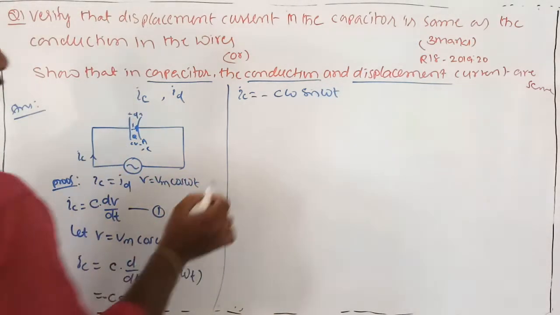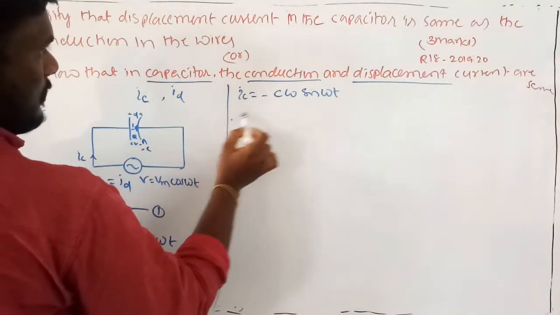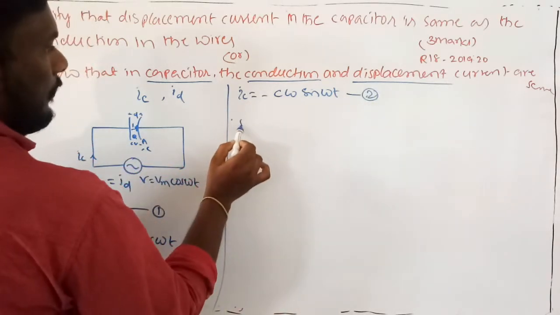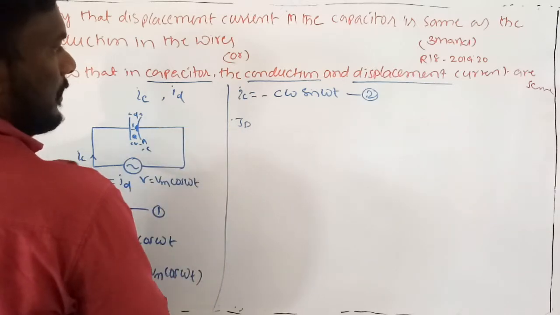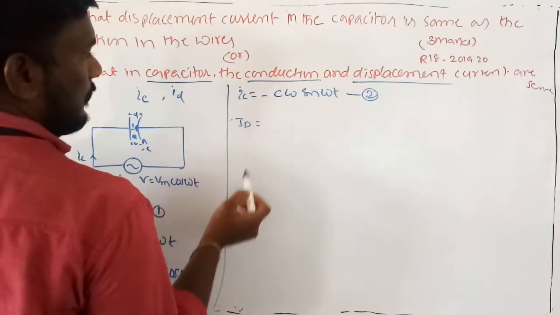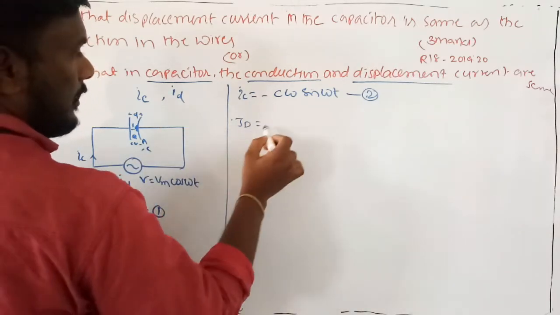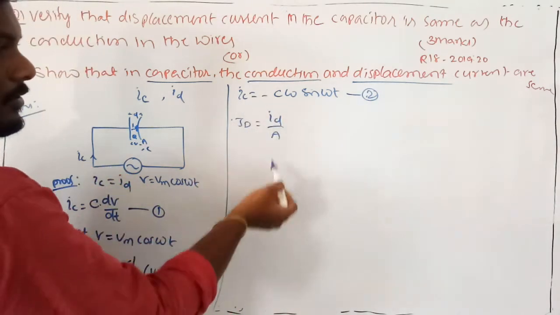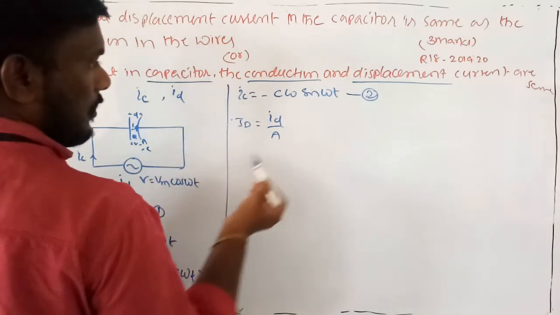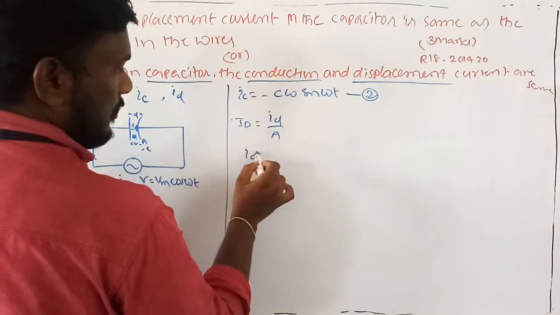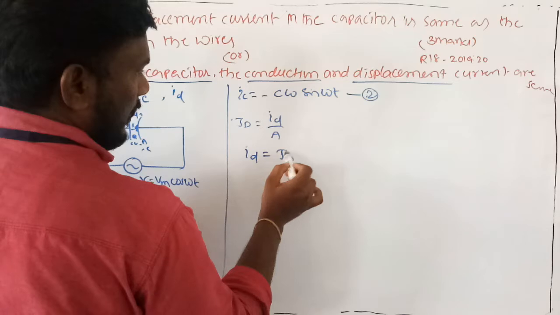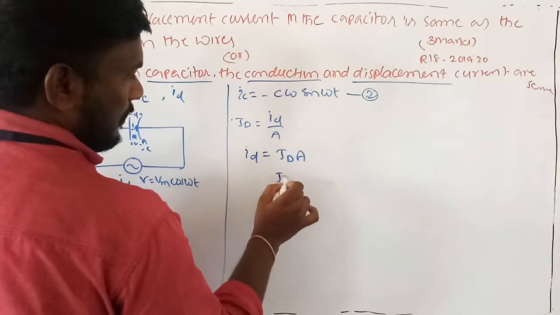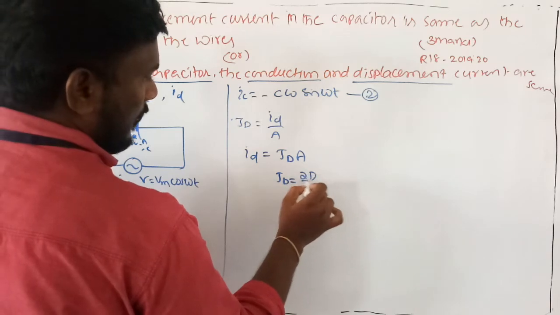Let us consider this as equation number 2. Now I am defining displacement current density. It is ID by A, the current passing through the cross section area, which is called your displacement current density. So ID is equal to JD times A, but JD in terms of electric flux density is JD equal to dou D by dou t.